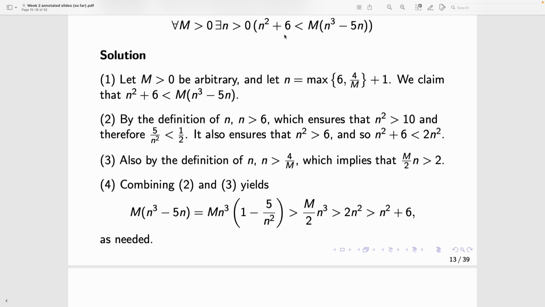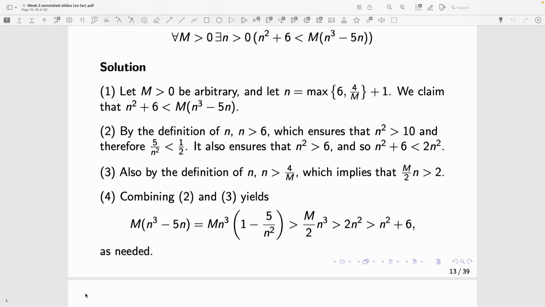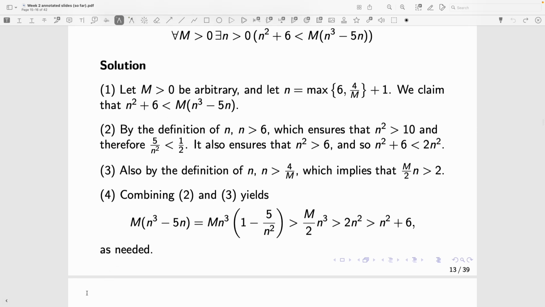I'm going to worry about this side first. It's a bit easier to work with. And I'll sort of illustrate again this notion of having an inequality that exists between two expressions.